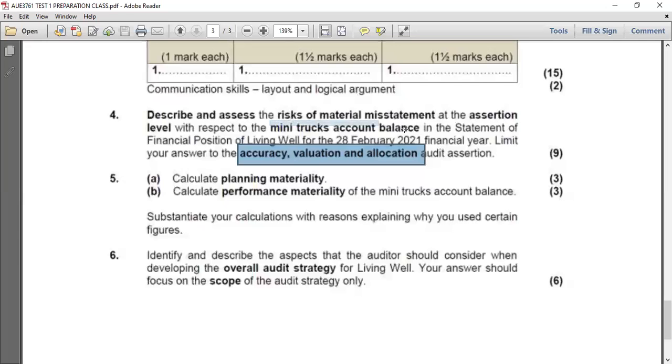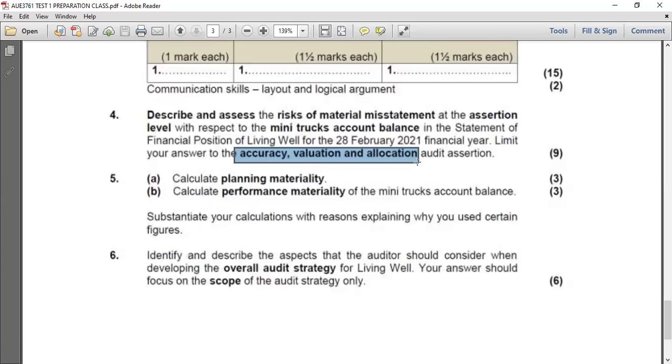The mini trucks account balance. So when it's at the assertion level, you are looking at a specific account. So now, when they say the risk of material misstatement at the assertion level, and we are dealing with accuracy, valuation, and allocation, you have to look out for anything in the scenario that might lead to the accuracy, valuation, or allocation of the mini trucks being wrong.